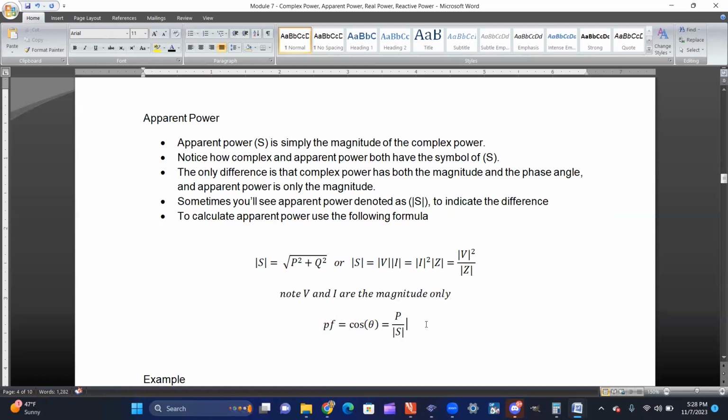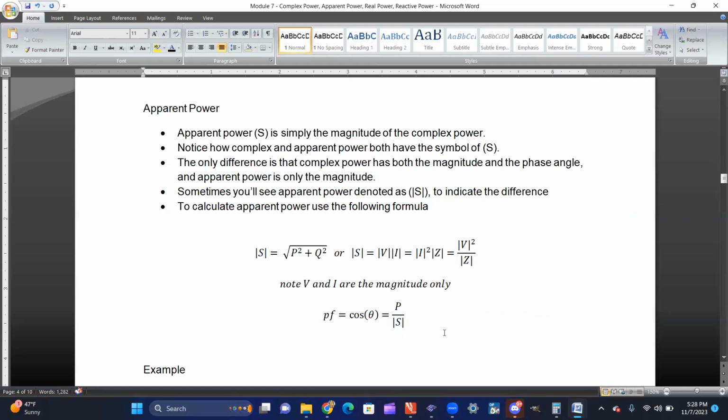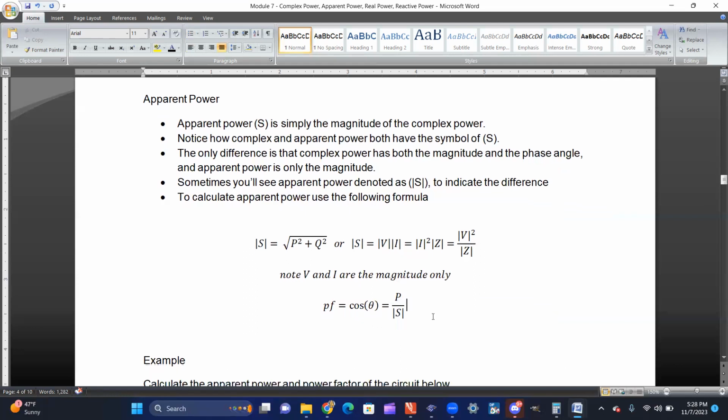Ideally, you want your average power to be as close as possible to your apparent power, so that your power factor will equal 1, which is unity. But that's not always the case.